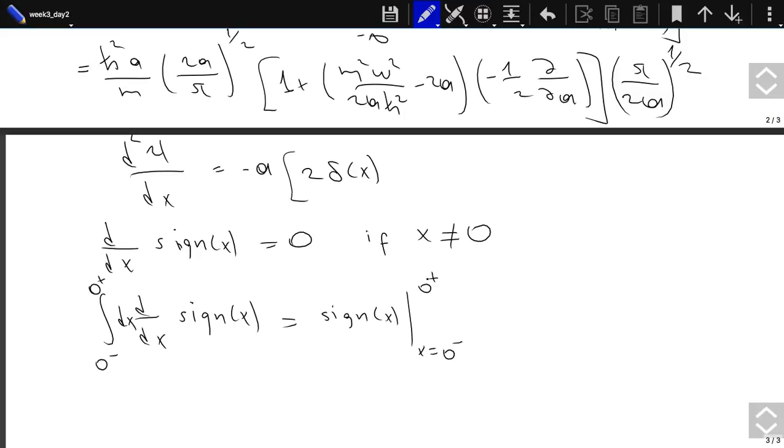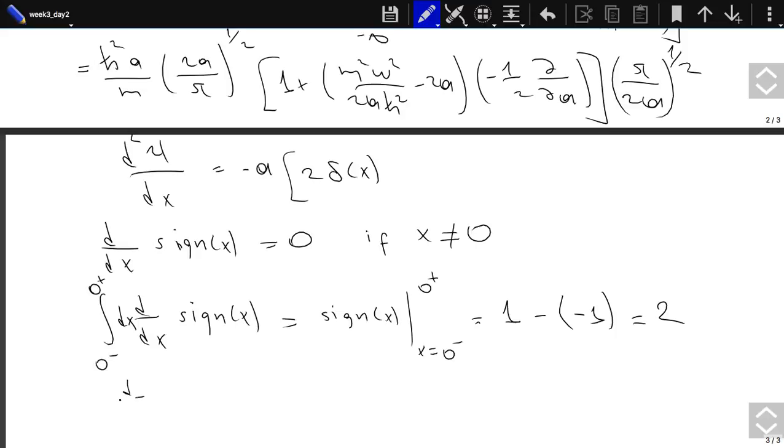When we are on the positive side of 0, the sign function is 1, minus, when we are on the negative side of 0, the sign function is minus 1. So this is equal to 2.